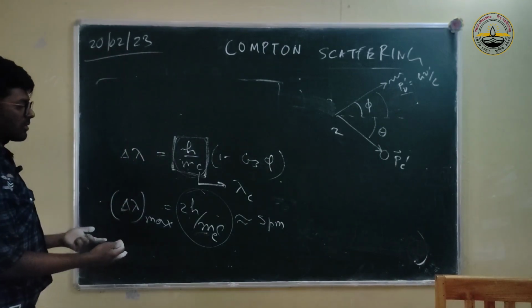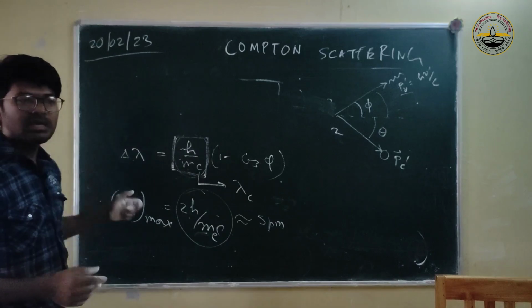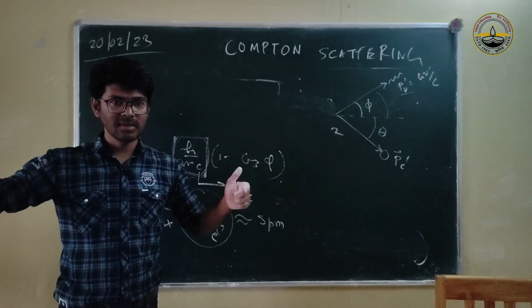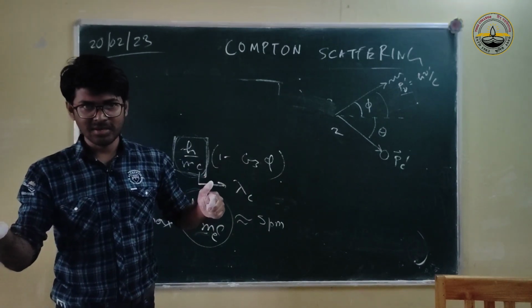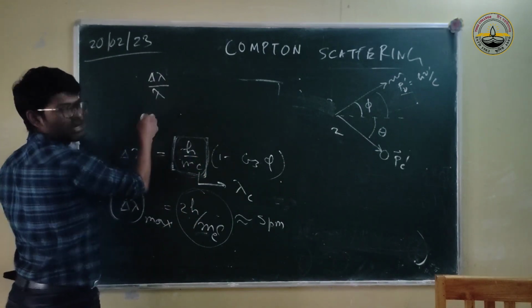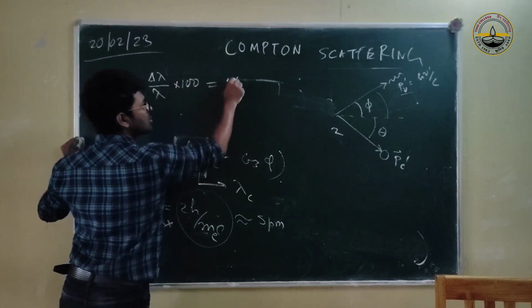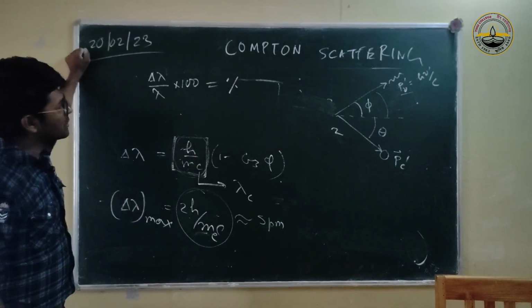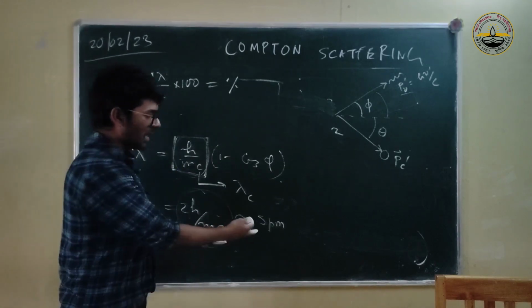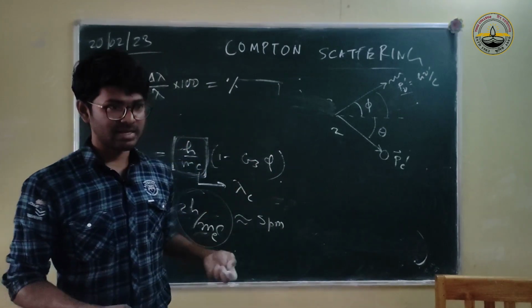How much fractional change is there? So how will you measure this? You had some lambda wavelength and the change is delta lambda. So what is the fraction of change? Delta lambda by the lambda that you send, times 100 will give you the percentage change. So if you do this calculation, I'll actually tell you to do this. Do it for visible light.